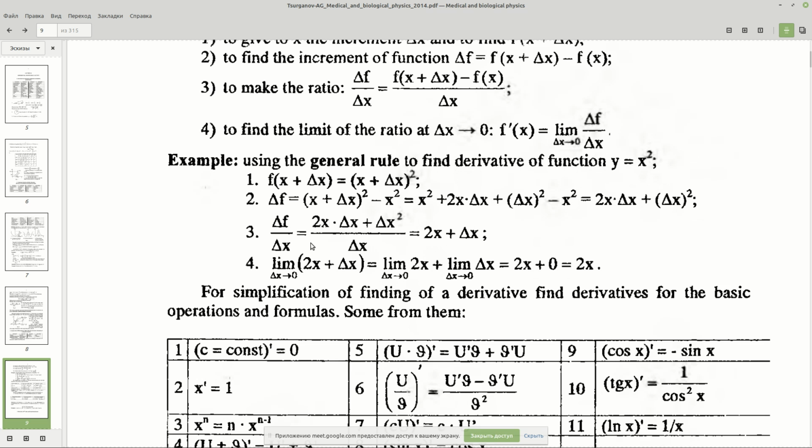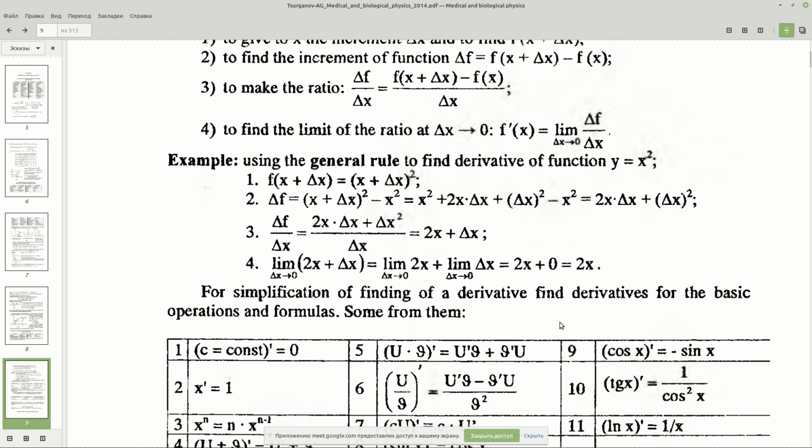The limit of 2x plus delta x as delta x goes to 0 is the sum of two limits, of 2x and of delta x, and the result will be 2x plus 0, because delta x is going to 0.